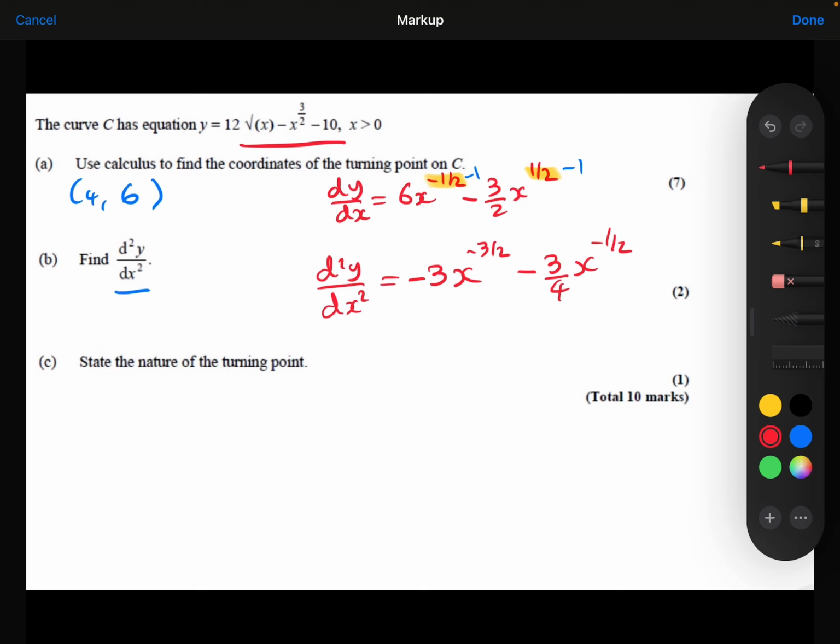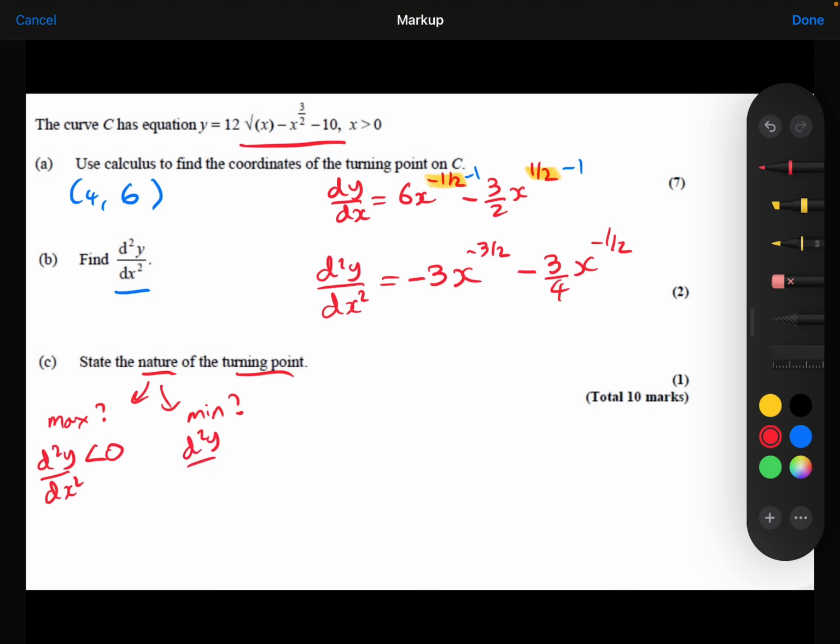And then part C, state the nature of the turning point. Well, nature just means, is it a maximum or is it a minimum? Well, if it's a maximum, I know that the second derivative will be negative because it's about to start decreasing if it's a maximum.